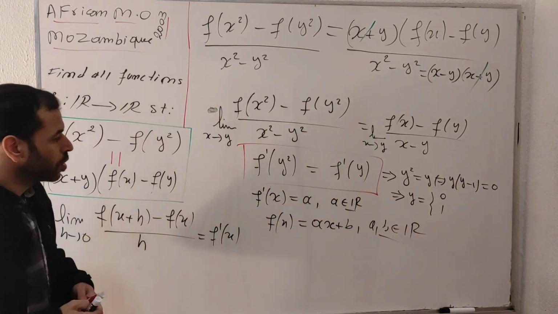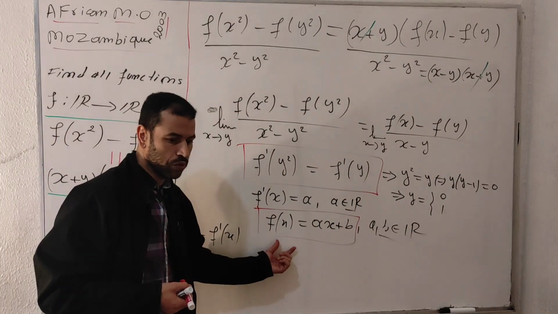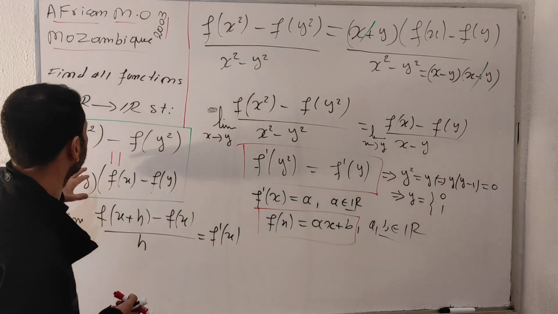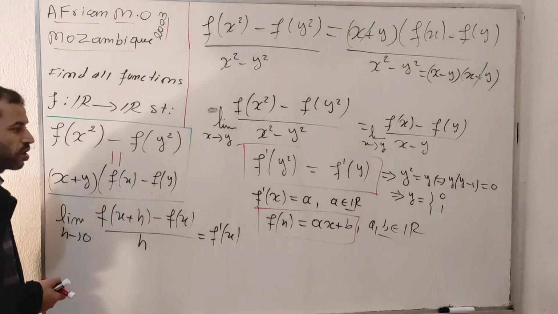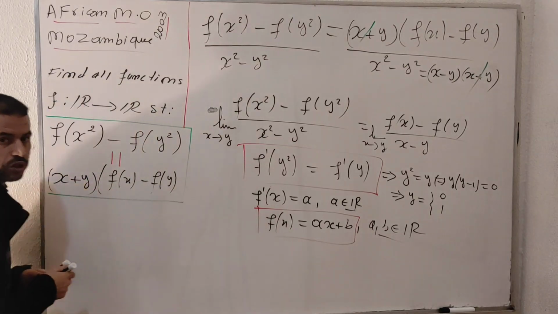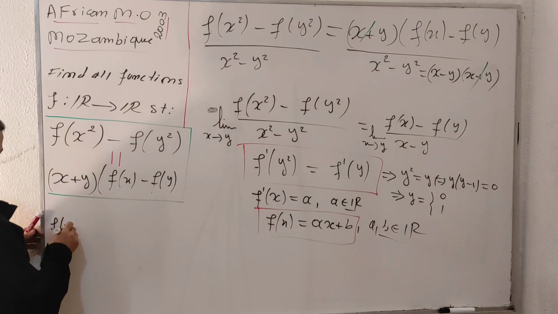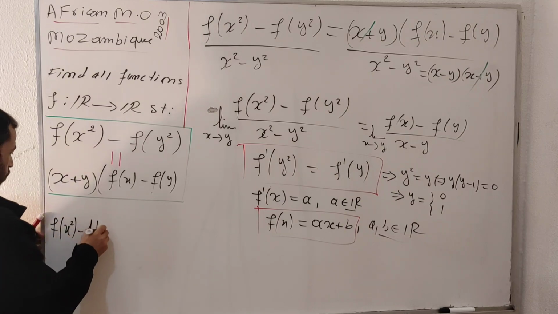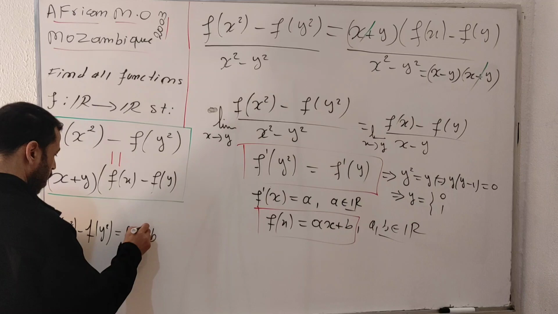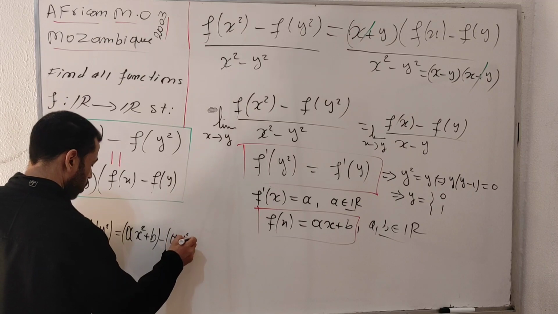Now we found the general formula for this function. In order to make sure what we were doing is right, I'm simply going to plug this into the function to see whether it verifies the equation. I'm going to plug x squared and y squared into this function and take the difference of these two terms. I will have f of x squared minus f of y squared, which is a x squared plus b minus a y squared plus b.